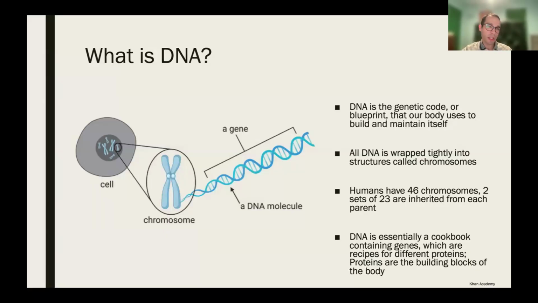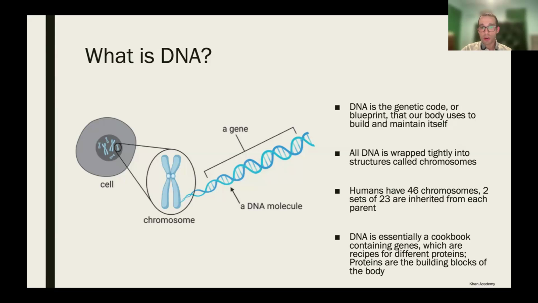Your genetic code essentially tells your body what proteins to make, what structures to make, how to make them, and it's the instruction manual for making new cells in your body. DNA is confined to this area of the cell called the nucleus. In the nucleus, you have these large pieces of DNA called chromosomes. You inherit 23 chromosomes from each parent, so you have 46 in total.